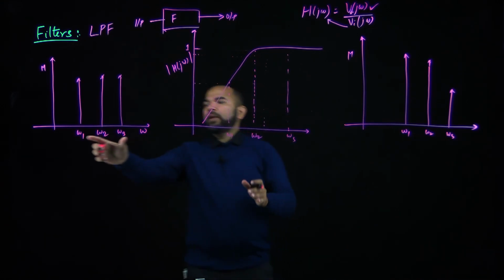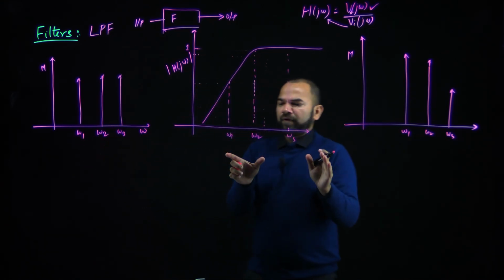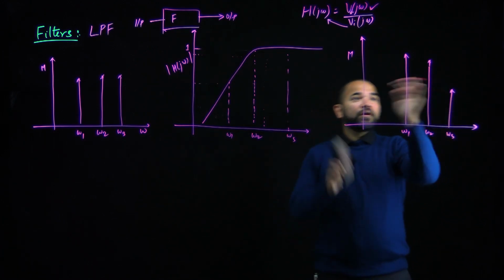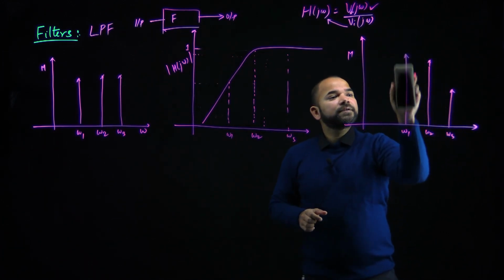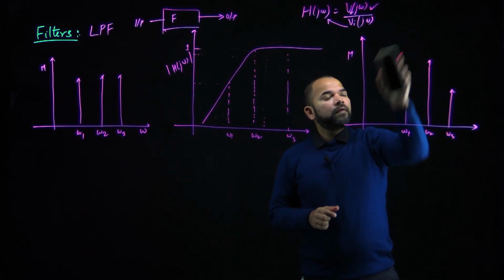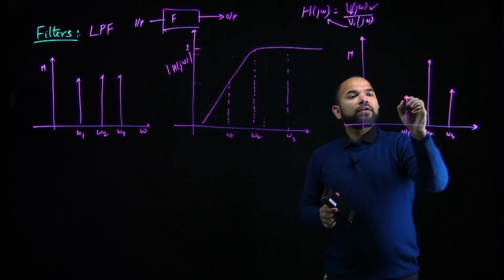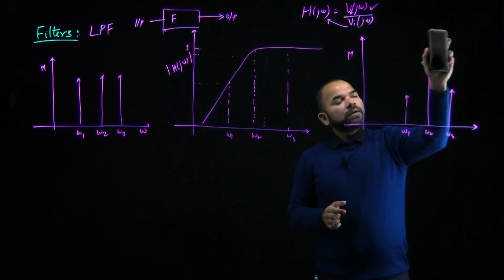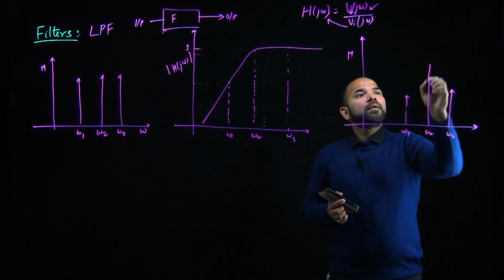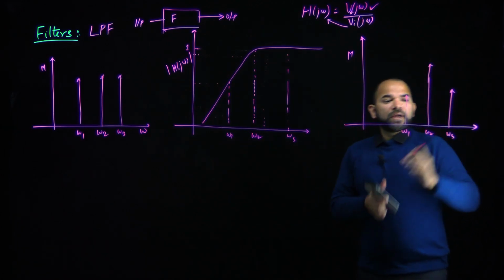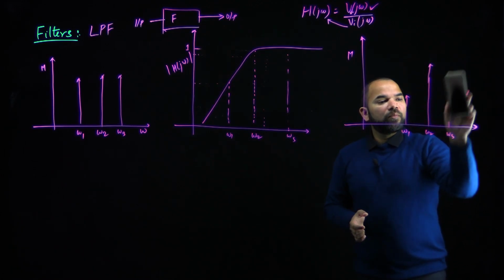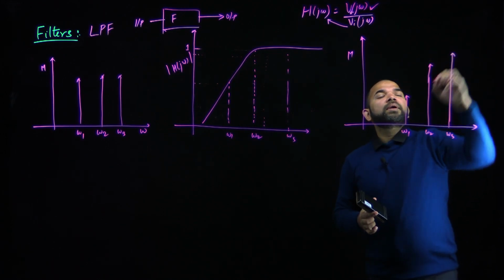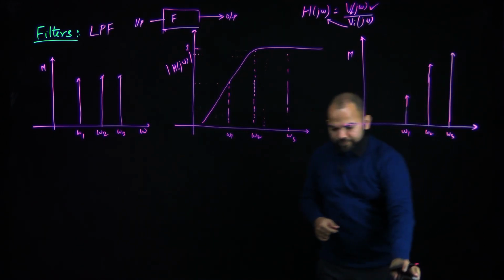If we multiply this input with this transfer function, what is going to change here? It's going to change like this. We have strong attenuation at this frequency. However, there is one cutoff frequency and then this frequency component is not going to be suppressed. It's going to be something like this.